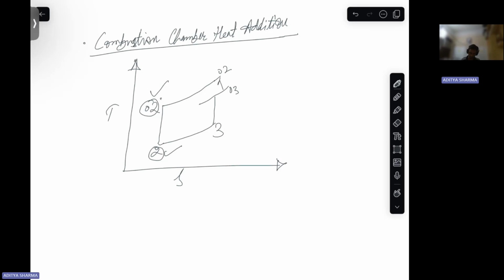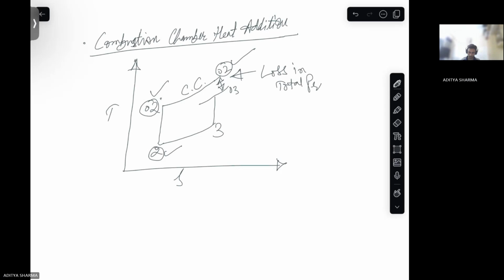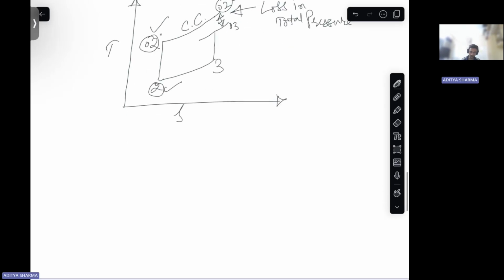And this is your combustion chamber. Here the pressure P2 is not equal to P3. P naught 3 is less than P naught 2. So there is loss in your total pressure while the heat is added.